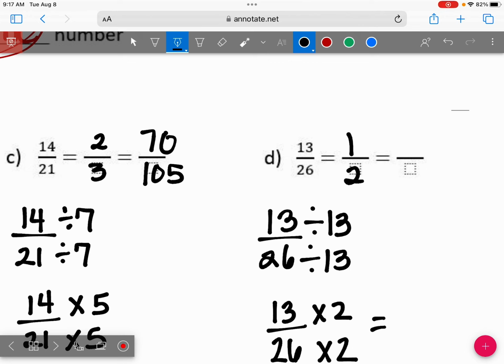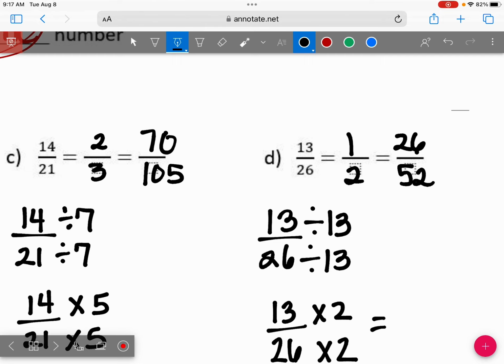Again, same operation produces equivalent fractions. As long as it's the same, it's equivalent. So that would be 26 over 52. All right, any questions about how we came up with these equivalent fractions?